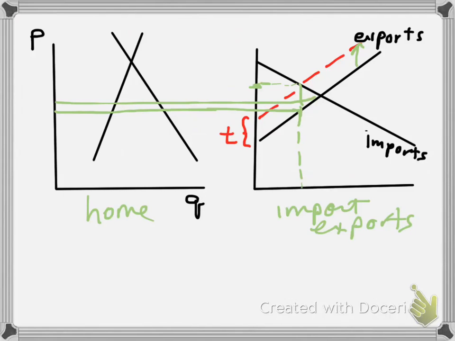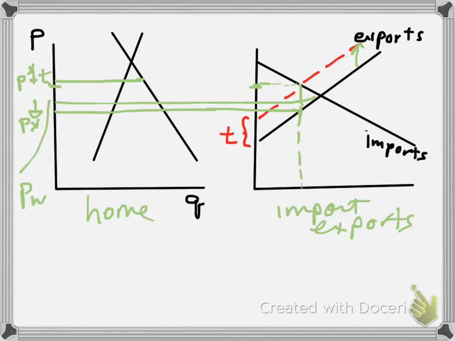So the world price falls. Let's call that P star, and then P star plus the tariff is the price that domestic consumers face. So remember, before we had PW, so now P star plus T is the price that consumers face.